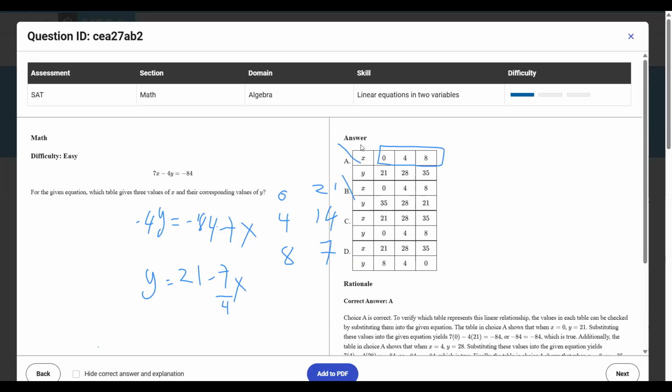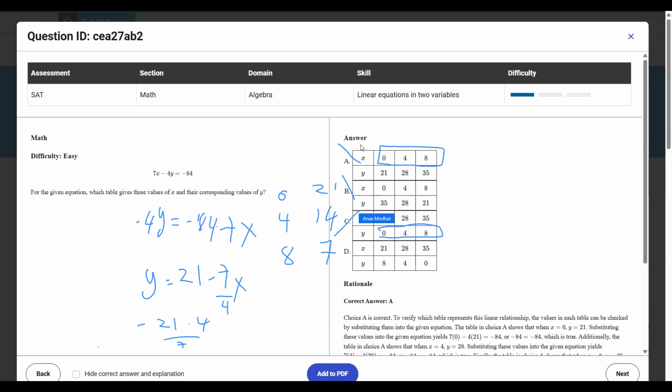Now let's do the opposite. Let's substitute 0, 4, and 8 for y and see. If we substitute 0 for y, x will be negative 21 times 4 over 7. 21 over 7 is 3, so negative 3 times 4 is negative 12. So this is not the answer.